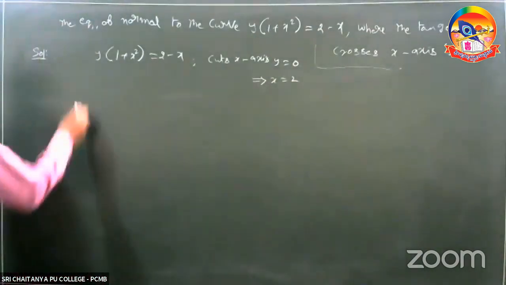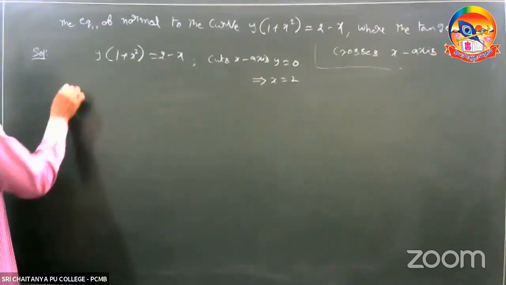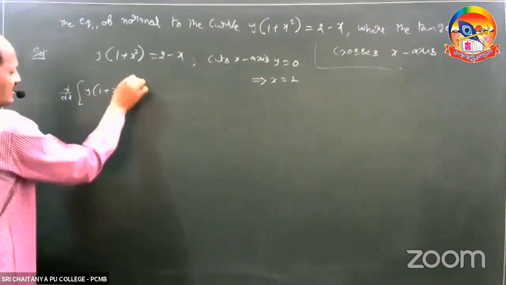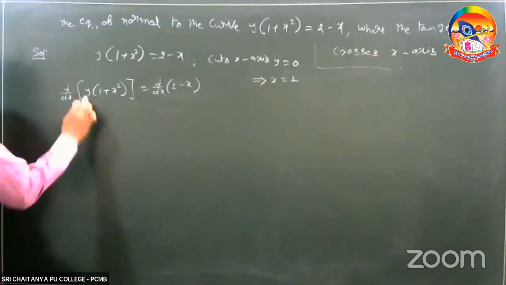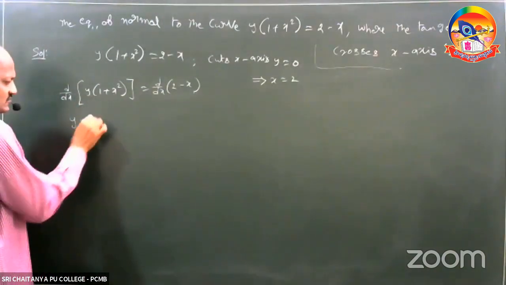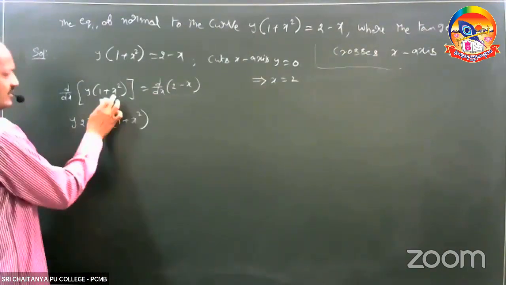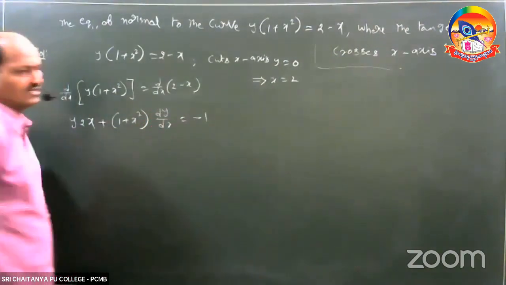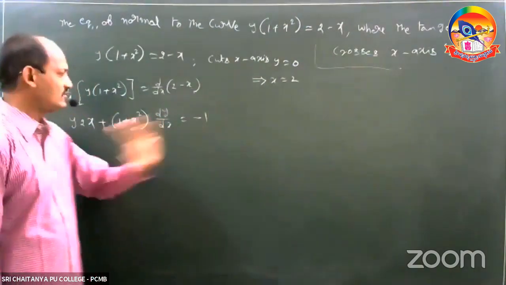Now take the derivative of the curve. The derivative of y into 1 plus x square equals the derivative of 2 minus x. That is, derivative of y into 2x plus 1 plus x square into dy by dx is equal to derivative of 2, which is 0, minus derivative of x, which is 1.